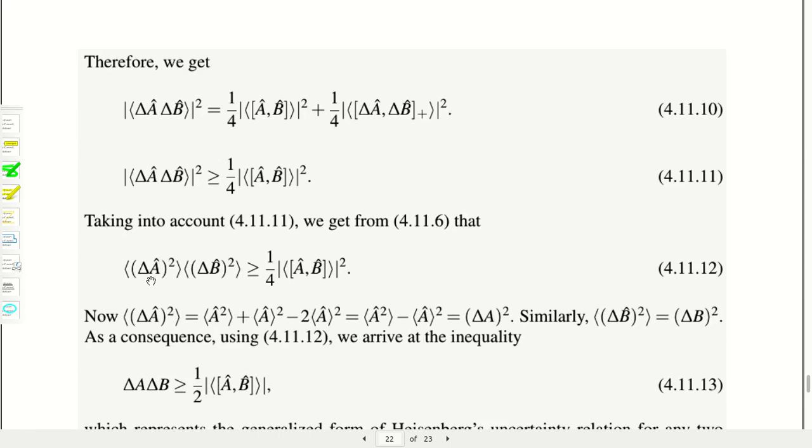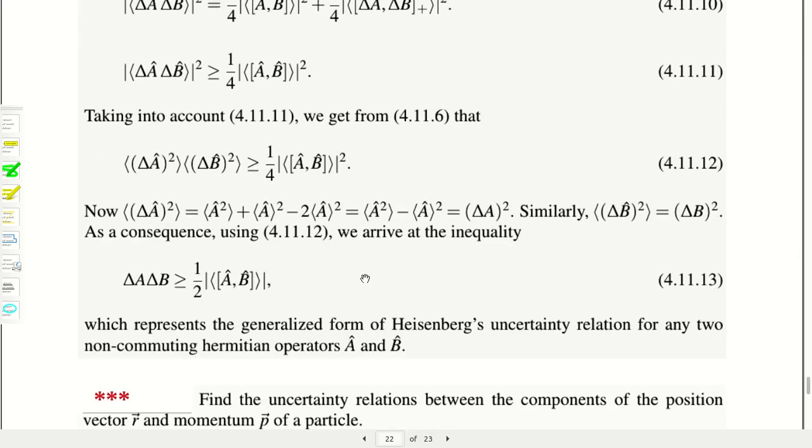So you can see the left hand side is delta A square expectation into delta B square expectation, which is greater than or equal to 1/4 of the expectation value of the commutator of AB, and it is mod square.